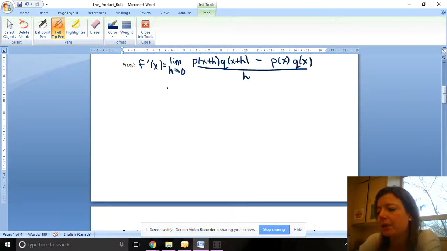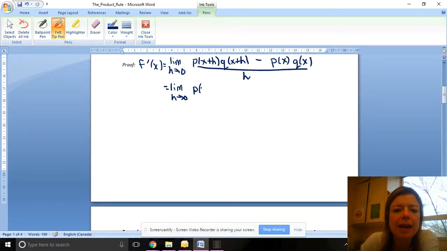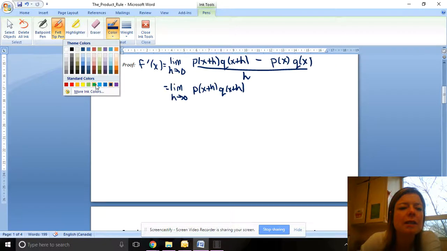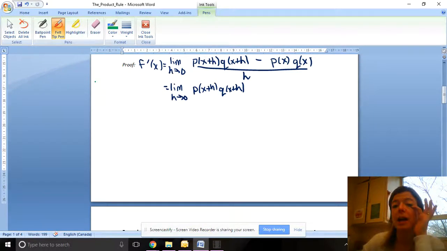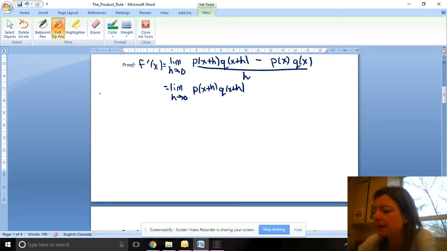Okay, so now we're going to do a little trick where we're going to add and subtract the same thing within the limit statement. So I'll put it in a different color so you can really see what's going on. So we're still going to have p at x plus h, q at x plus h. But now I'm just going to throw some in the middle. And I can do this because I'm adding and subtracting the same thing, which essentially means 0.